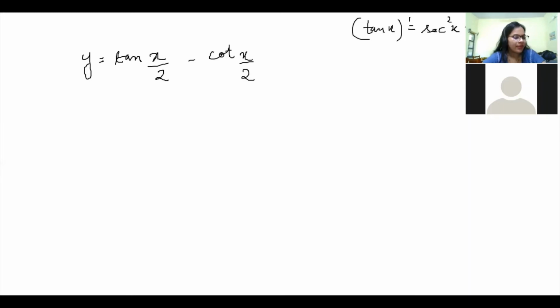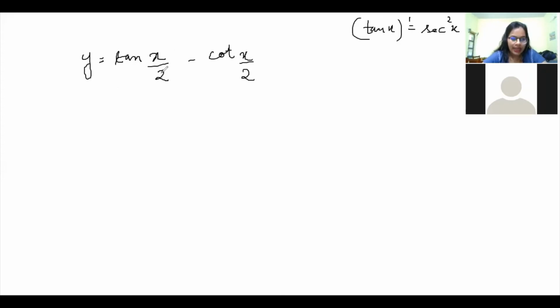Remember? Right? This can also be written as 1 by cos square x. Similarly, for cot, it is cosec square x, or it can be written as 1 by minus sin square x. Now, same thing we need to keep over here also.